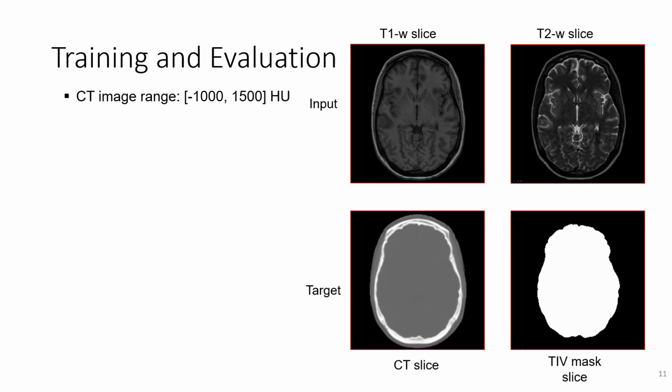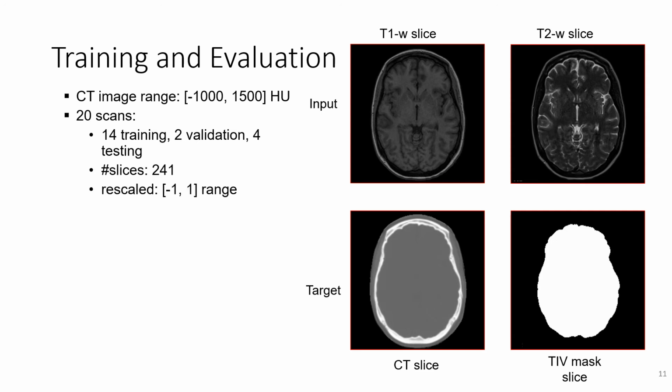Prior to training, we set the accepted range of CT intensities to -1000 to 1500 Hounsfield units, where air is represented by -1000 and the maximum bone intensity in all our CTs is 1500 Hounsfield units. We have split our dataset of 20 subjects into 14 for training, 2 for validation, and 4 for testing.